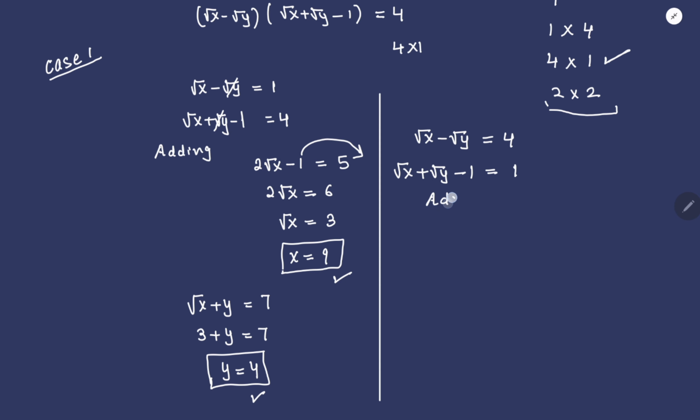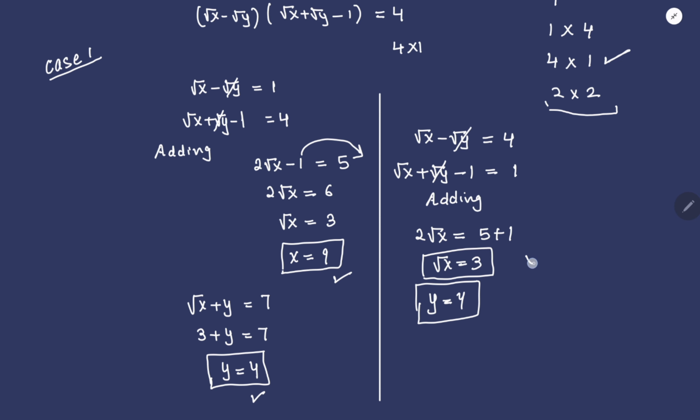Now when I add them, this will cancel out. It is 2 under root x is equal to 5 plus 1. The same case, right? So we will get the same thing: under root x is 3 and y is 4. So case 1 and case 2 both are giving x 9 and y 4.